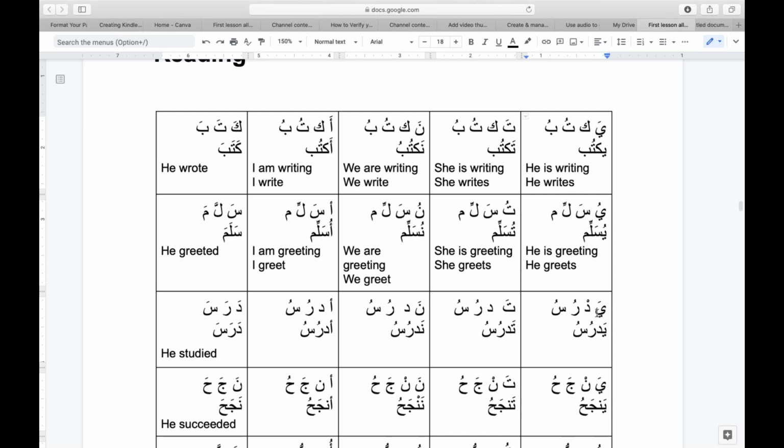Yad, yadru. Su, yadrusu. Tad, tadru, tadrusu. Again, it means she is studying. Here, he is studying. Here, she is studying or she studies. Okay? And here, he is studying or he studies.